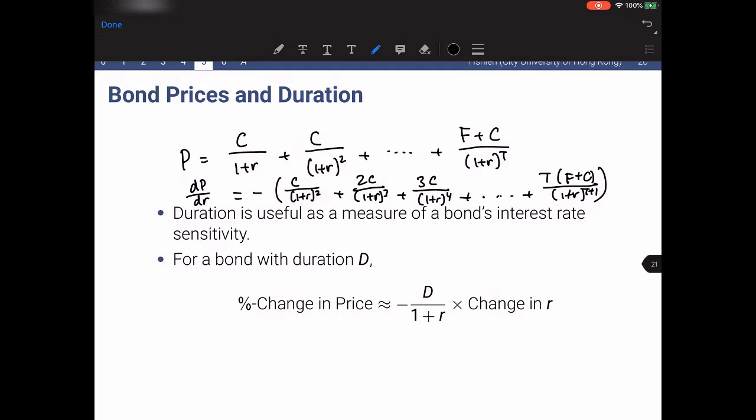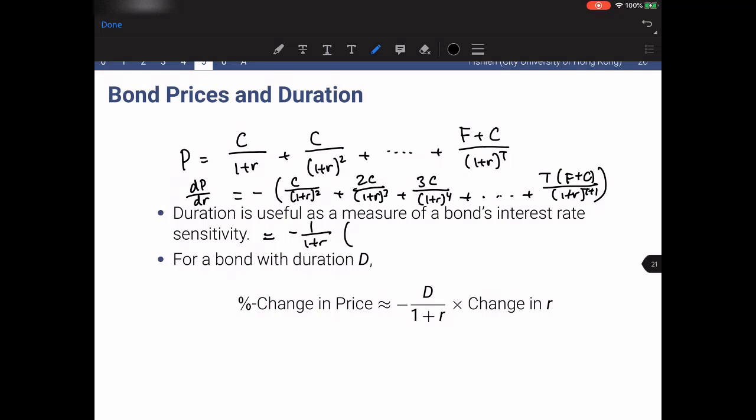Now let's factor out negative 1 and 1 divided by 1 plus R. So let's move this here. That's going to give us negative 1 plus R. And then you'll realize that we will have arrived at a duration expression.